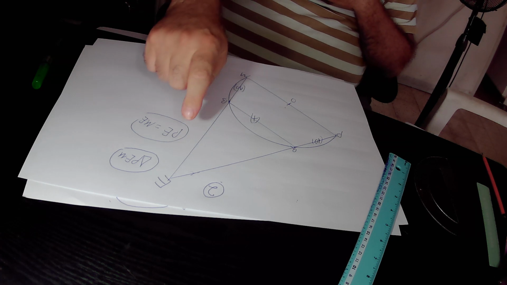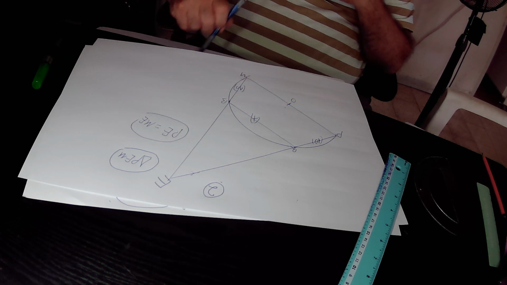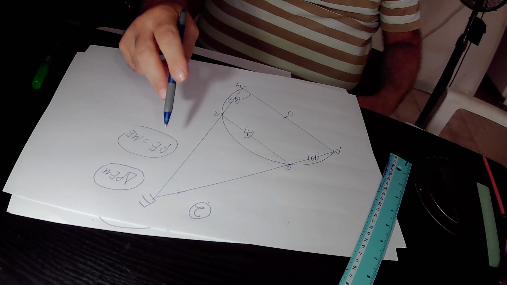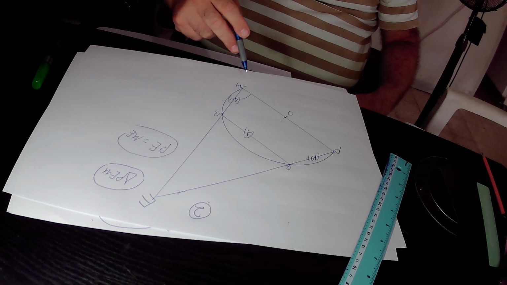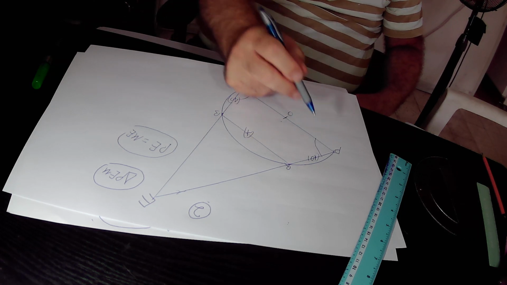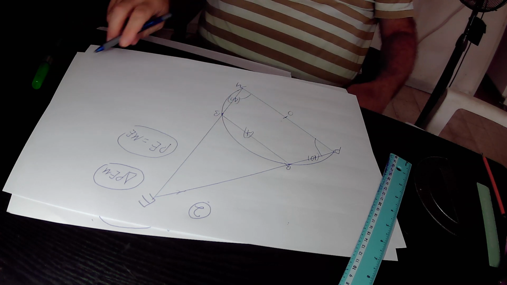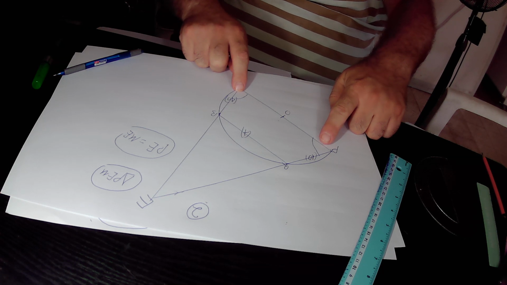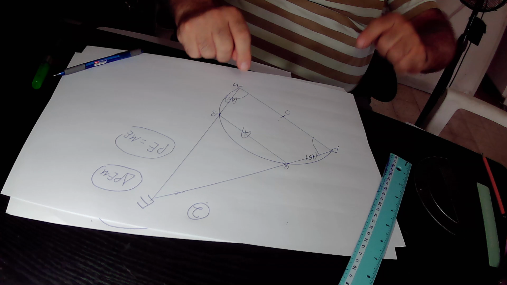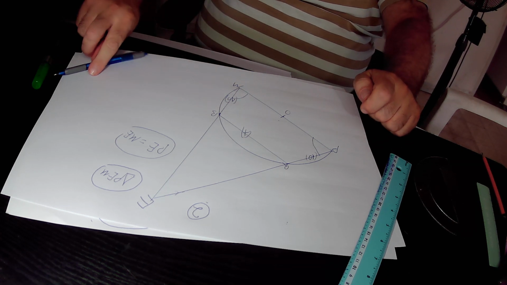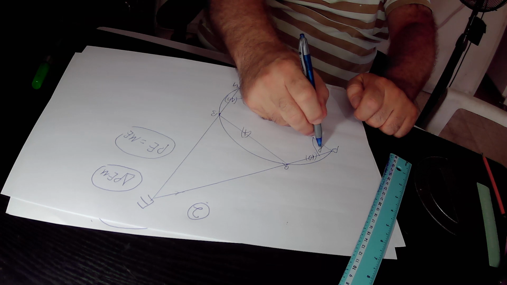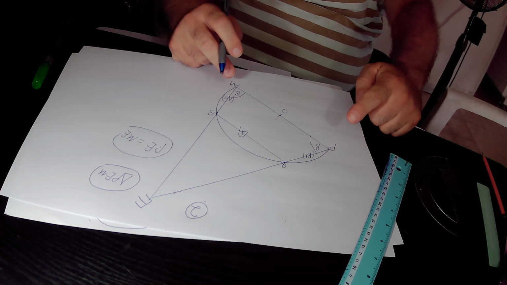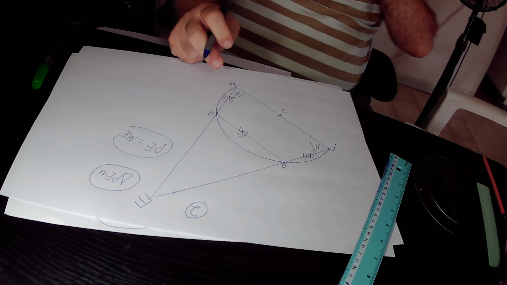In front of side EP, we have angle PME. In front of side EM, we have angle MPE. Because those two angles are located in front of two equal sides, they must be equal to each other in size. So if the size of this angle is beta, then the size of this angle must also be beta, according to the rule that I mentioned.